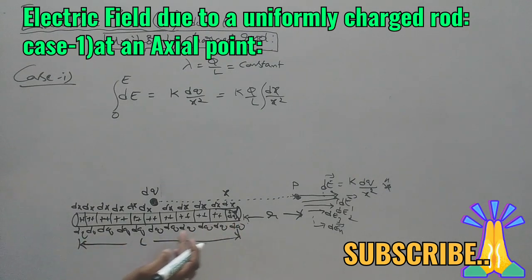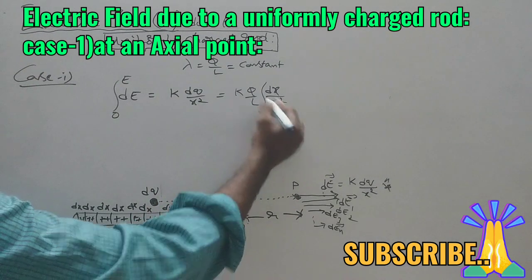So in order to cover all these small dq throughout the length of the rod, I have to give the limits from R to R plus L. The charge is distributed within this length only.